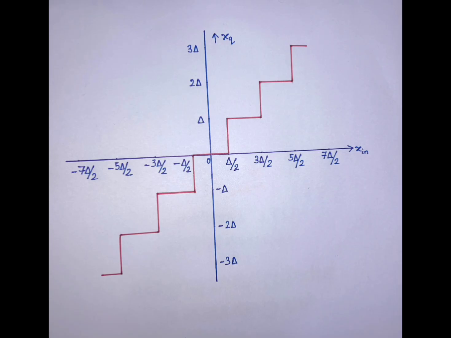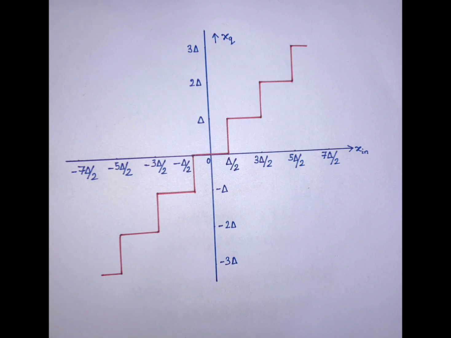Now the input-output characteristics of a uniform quantizer: if the input level is between minus del by 2 to plus del by 2, then the quantized value is 0. If the input level is between del by 2 to 3 del by 2, then the quantized value is del. So through quantization, we can limit our input to some definite levels, here 3 del, 2 del, 0.